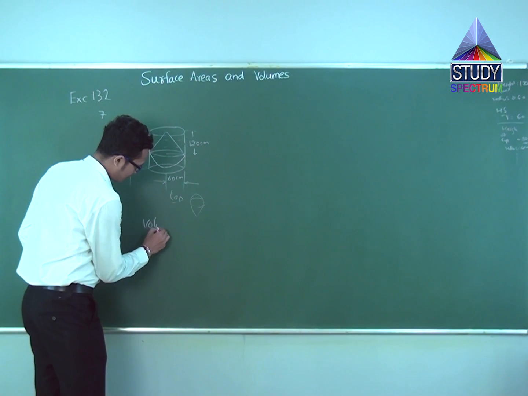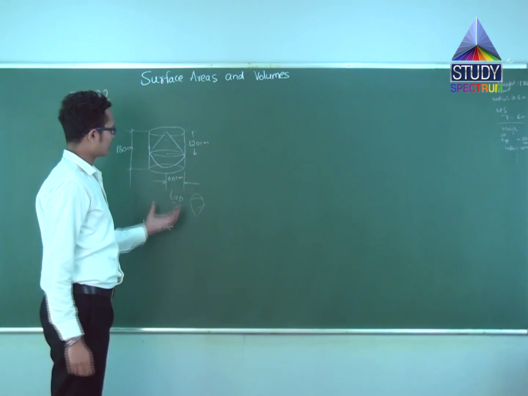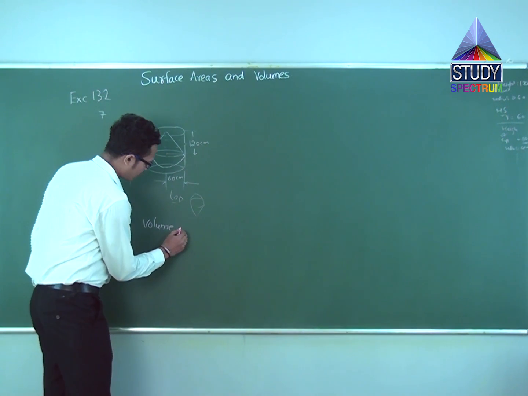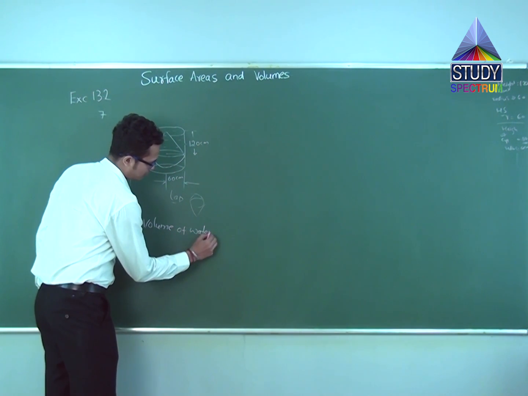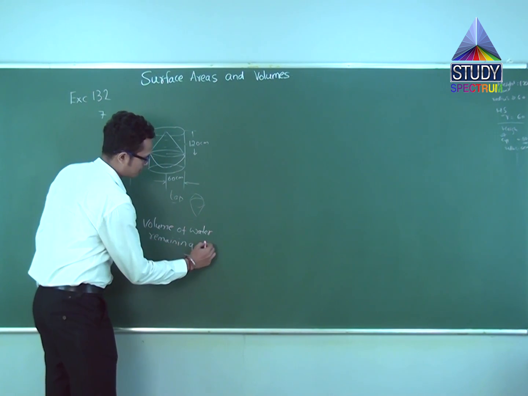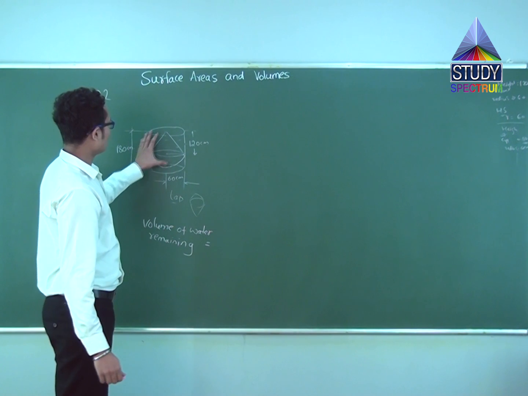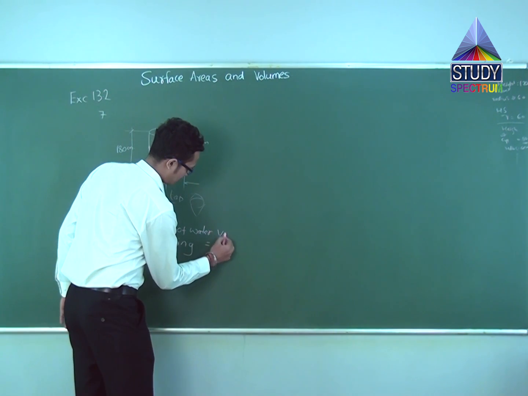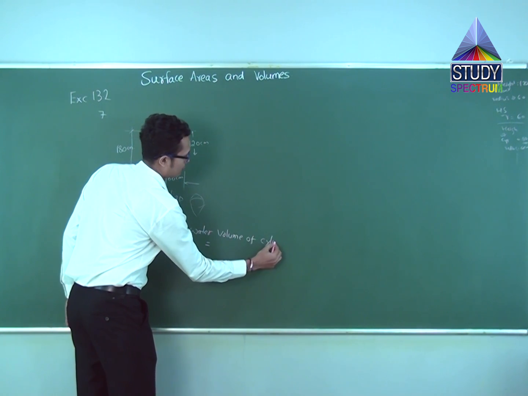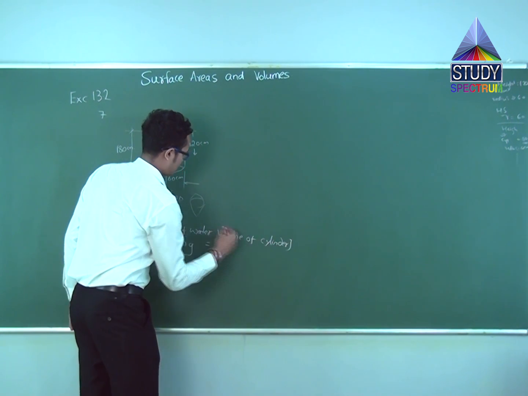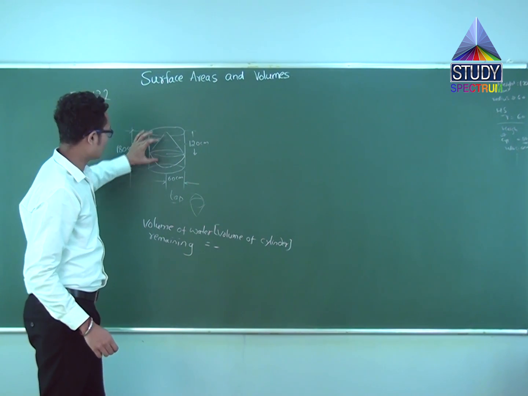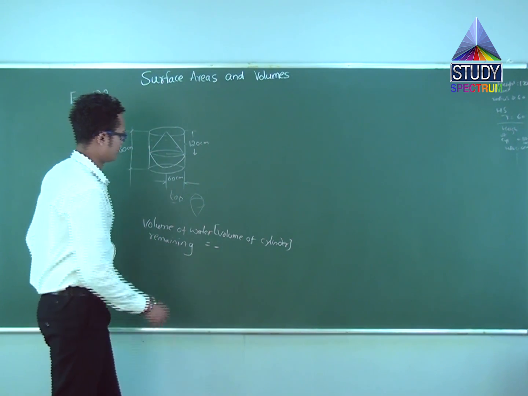So volume. The question is, we have to find out the volume of the water that remains inside the cylinder after placing the solid object. So volume of water remaining is equal to volume of the cylinder minus volume of the cone minus volume of the hemisphere.